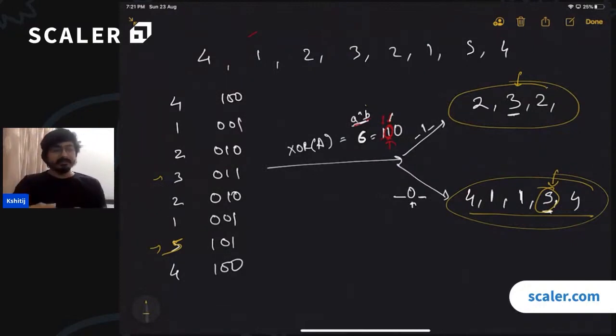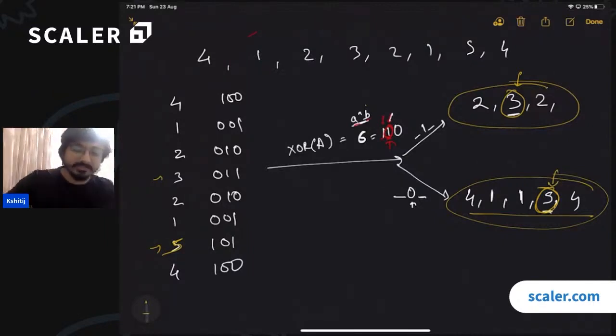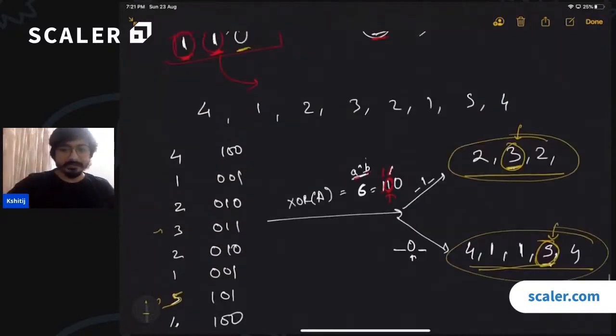So what we have done is we are partitioning the array based on a digit which is different in both of them. If we partition the array based on a different digit, then we can make sure that these two numbers will always fall in different sets. And now if you observe, we have reduced this to the previous problem that we have solved, right?